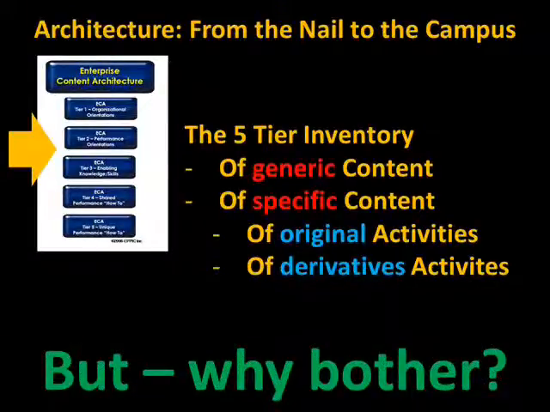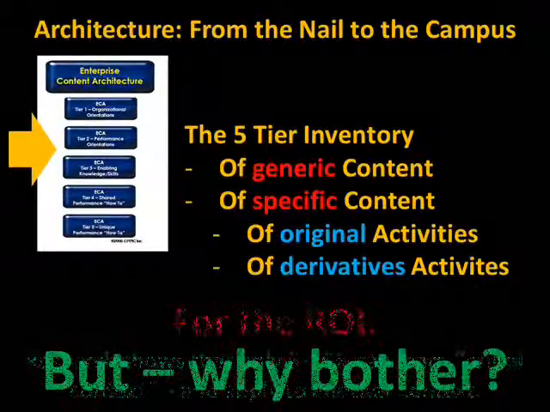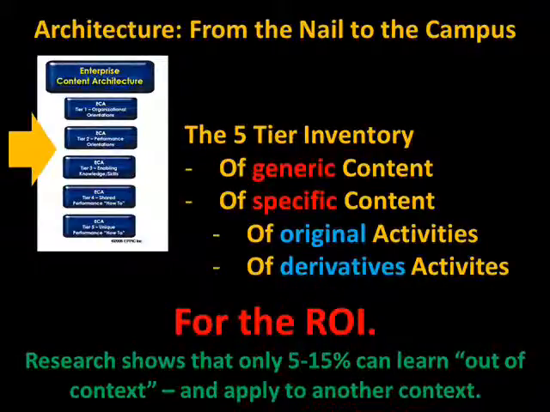But why bother with all of this? Well, for the return on investment. Research shows that only 5 to 15% of the population can learn out of context and apply to another context. So if you teach me active listening and it's not authentic enough to my specific application, the chances are I will not be able to learn it in your learning experience and then apply it on the job.